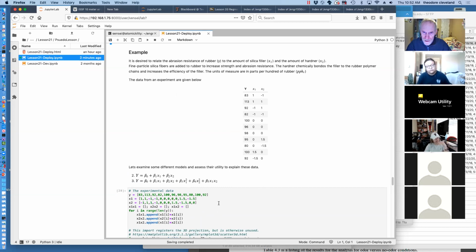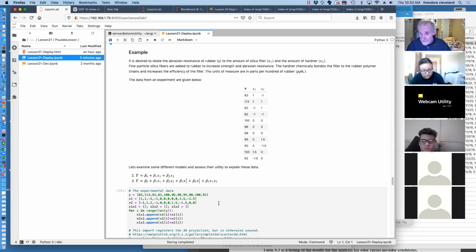So we're fabricating an artificial rubber for some industrial use, and our factory people have discovered that fine particle silica fibers increase the strength and abrasion resistance, and the hardener is what chemically bonds the filler to the rubber polymer chains and increases the efficiency of the filler.